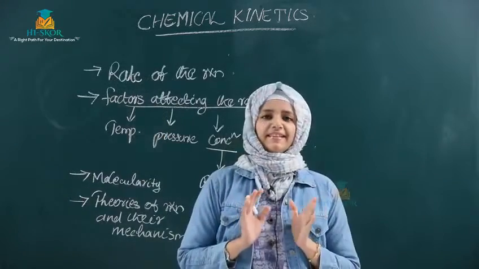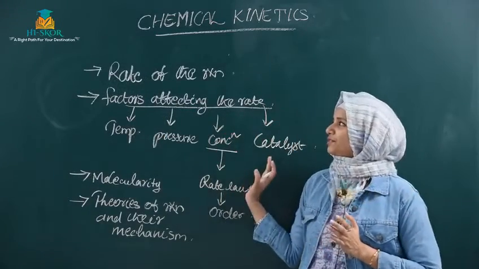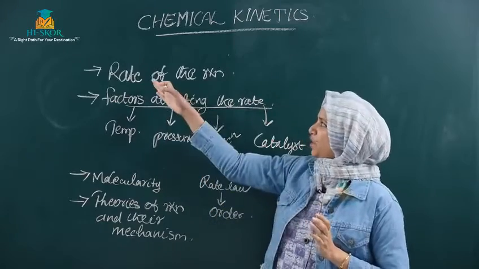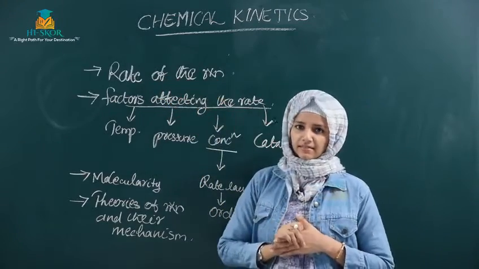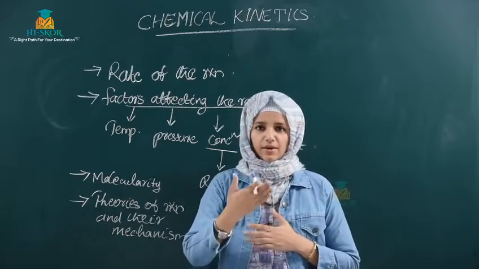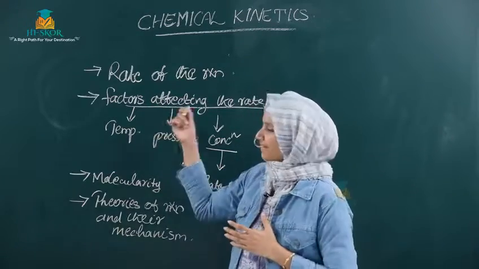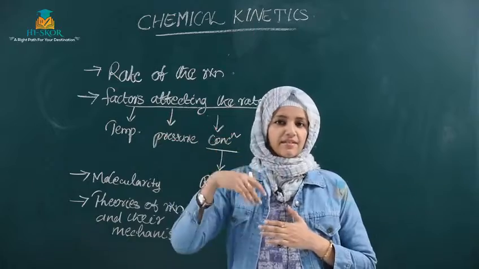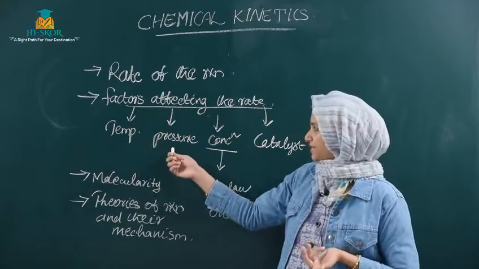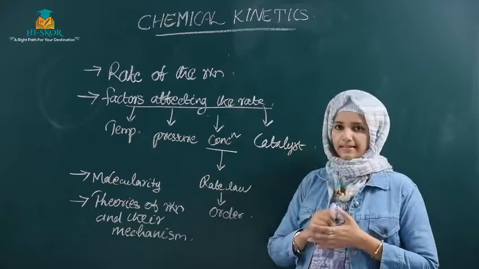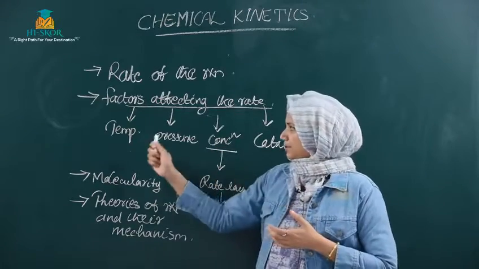So, in this chapter we mainly have to study these topics. Firstly, what is meant by rate of the reaction. The second thing, as I just told you, is the factors which affect the rate of the reaction: temperature, pressure, concentration, and catalyst.